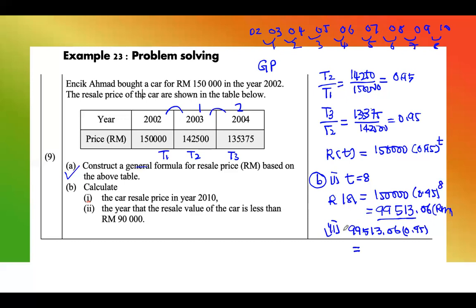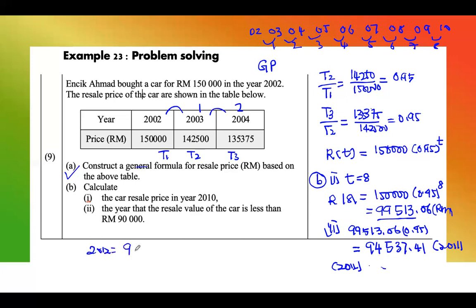So you get 94,537.41. This one is 2011. So we calculate another year. So in 2012, right? So you multiply another 0.95.